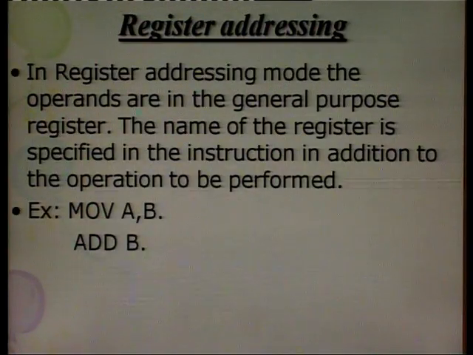Source is B and destination is A. So, this type of mentioning an operand in the instruction is called register addressing. We have not mentioned any data, but we have mentioned the name of the register in which data is stored. The other instruction in this type of addressing is ADD B.